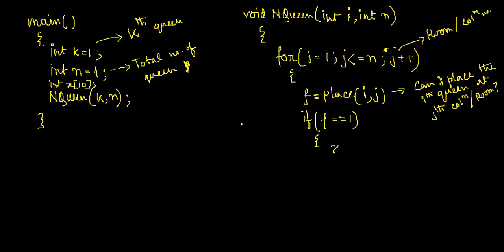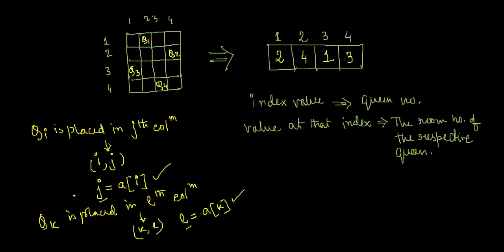So x of i should be equal to j, because the place function returned 1, checking whether I can place the ith queen in the jth column. If it is possible, then obviously x of i equals j, which we have already seen, the relation between j and i.